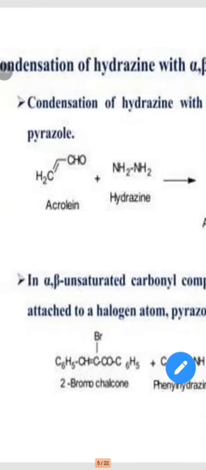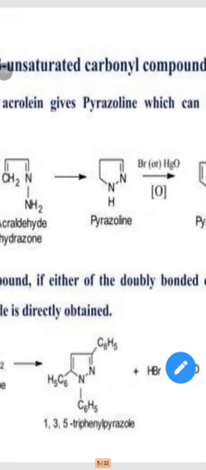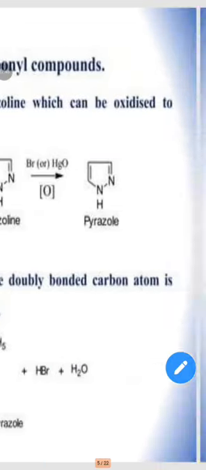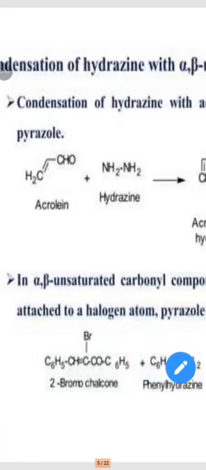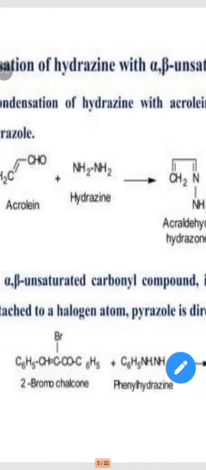Another method: in an alpha beta unsaturated carbonyl compound, if either of the double bonded carbon atoms is attached to a halogen atom, pyrazole is directly obtained.